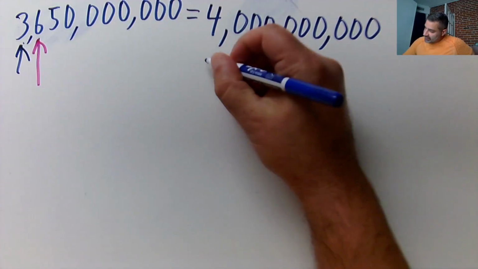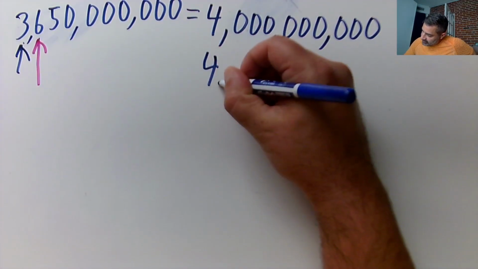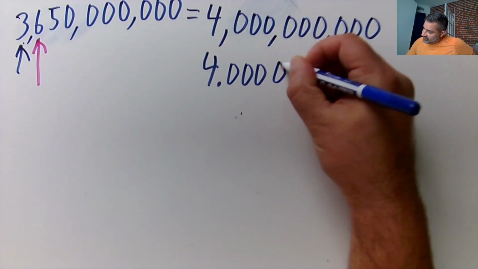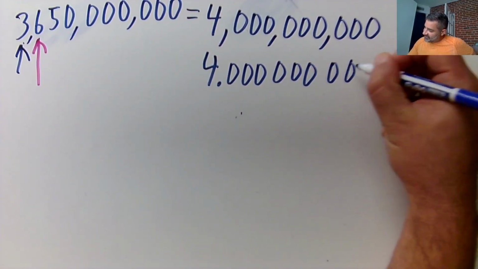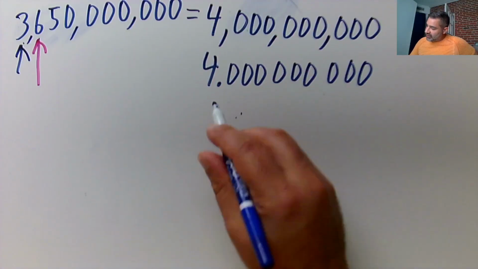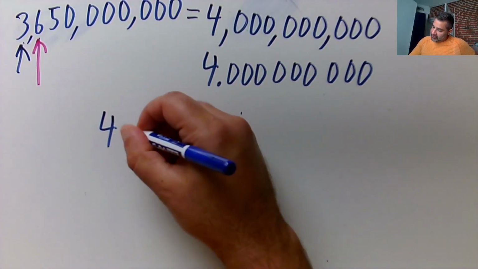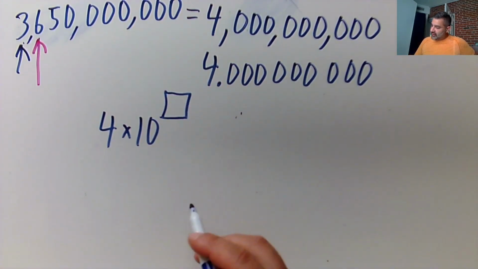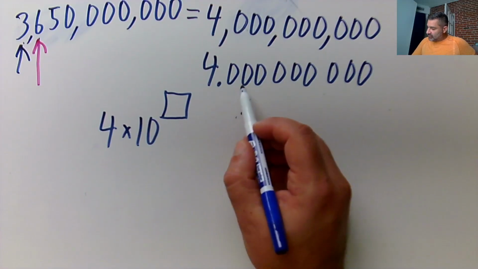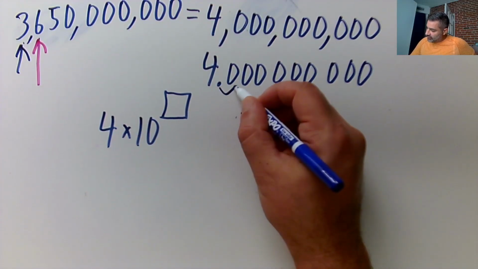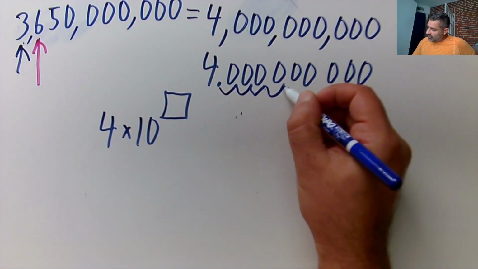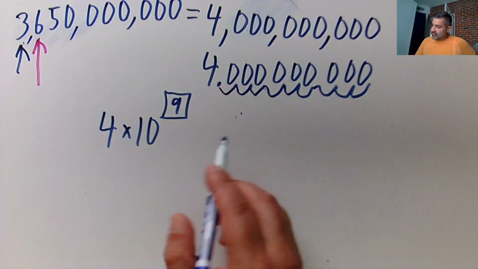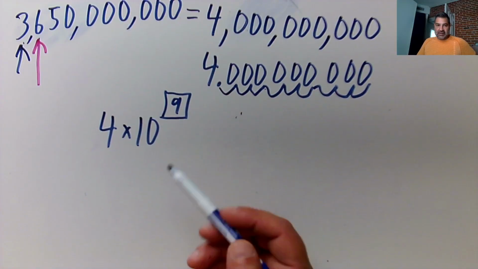And so we're going to pretend we just have a 4, and there's a decimal after it. 4.000000000, and so we want to write it in the form of 4 times 10 to the something power. And so we just count up how many times we're moving the decimal over. So we're moving it 1, 2, 3, 4, 5, 6, 7, 8, 9, and so this would round off to 4 times 10 to the 9th power.